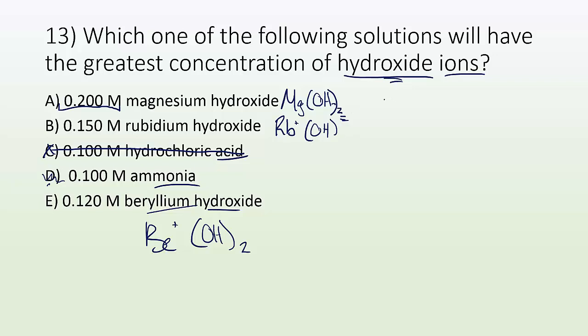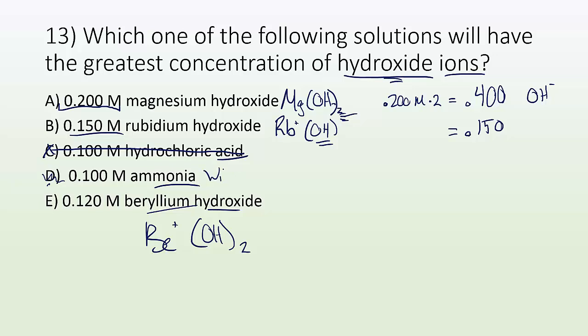So for magnesium hydroxide, it'd be 0.200 molar times 2 because you have 2 OHs, and that gives me a total concentration of 0.400 for the OH minus. And then I'm going to do the same for the rest. Rb has just one hydroxide ion, so it's just what the concentration was. So that's going to be 0.150 for hydroxide.